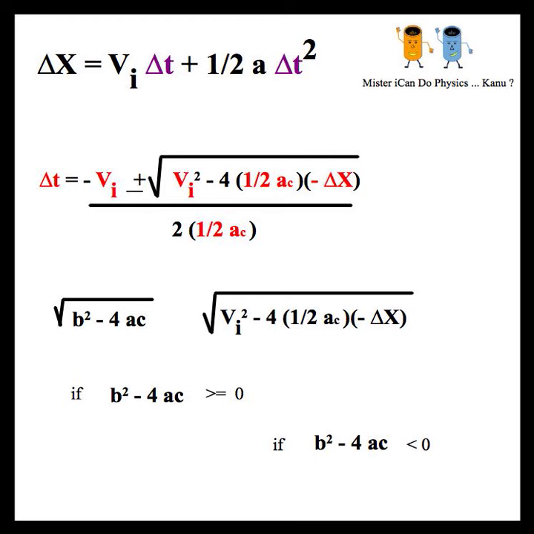For our purposes, if we're trying to take the square root of a negative number, we'll get complex numbers with imaginary components for our roots, and that means one of 2 things. One, we either made an error when we plugged in some of our values, or maybe even when we identified our values for v sub I, delta x, or a.